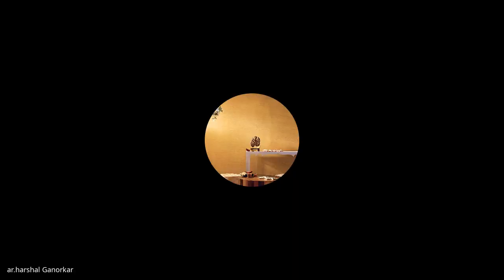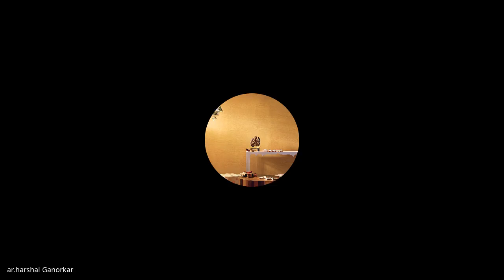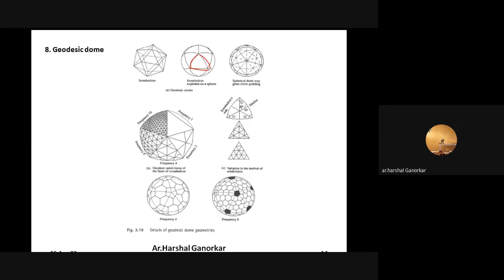You get this kind of shape which is in curve. Here it is in triangular geometry, but here it becomes the curve. And here are the frequencies, the increase in the number of members, because those pipes cannot be bent like this, and if you bend them, there will be a chance of breakage.